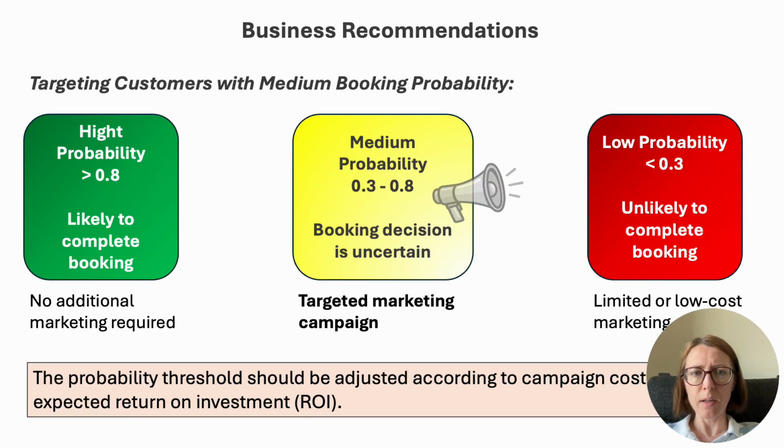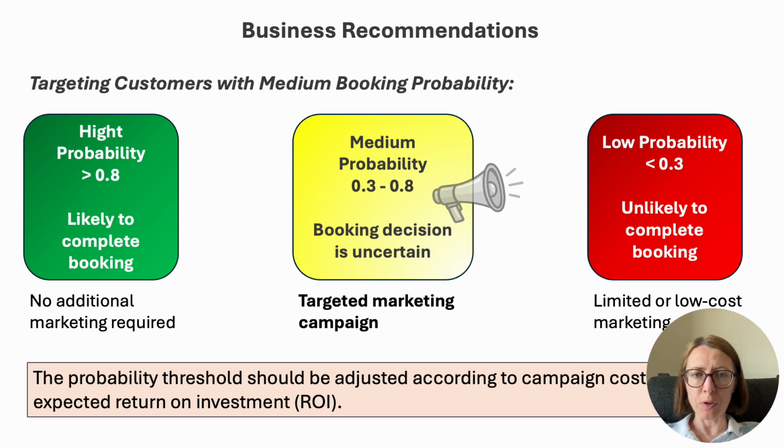Now, let's see how those probabilities can be used in practice. Customers with a high probability are already likely to complete their booking, so they usually do not require additional marketing. Customers with a very low probability are less likely to respond, so expensive campaigns may not be worthwhile.